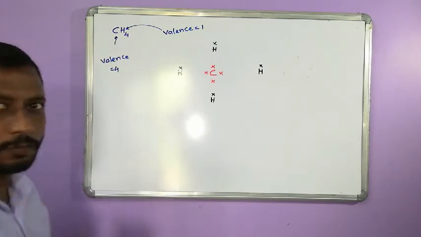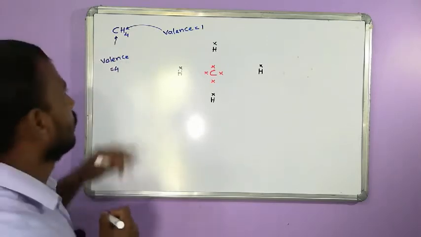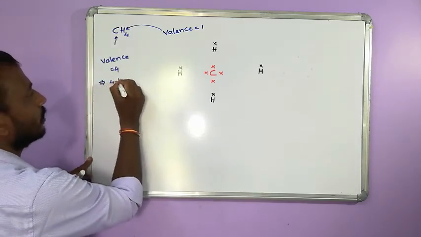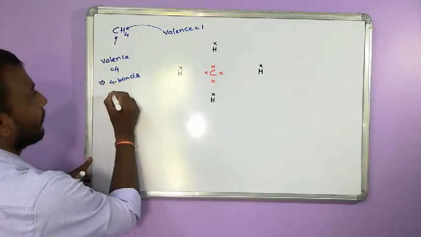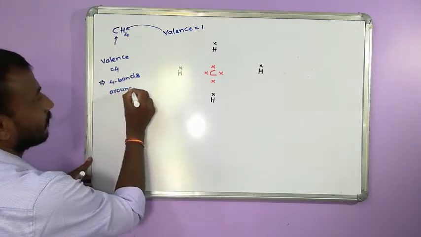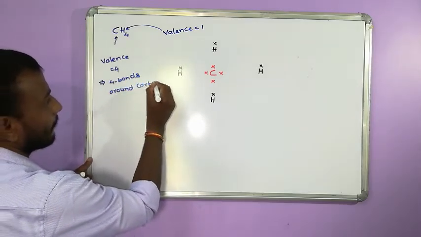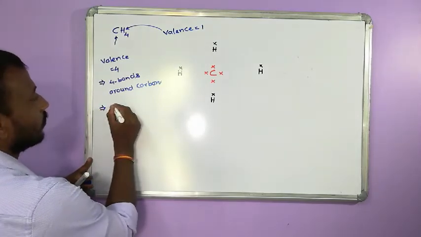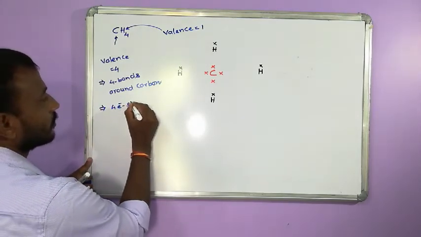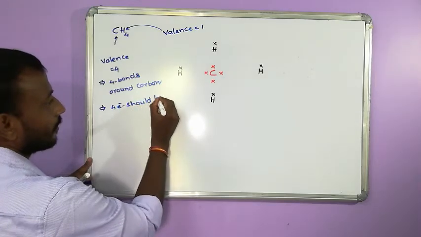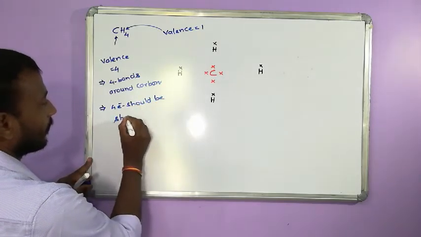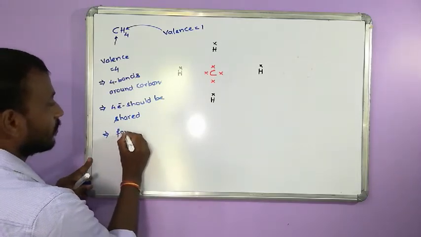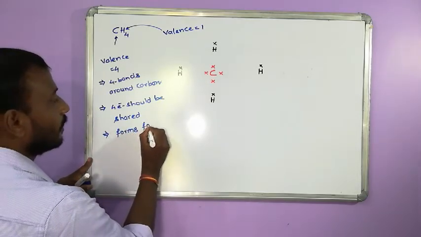So, what is the thought process? Carbon, valence 4 means there should be 4 bonds around carbon. So, 4 electrons should be shared. Therefore, it forms 4 covalent bonds.